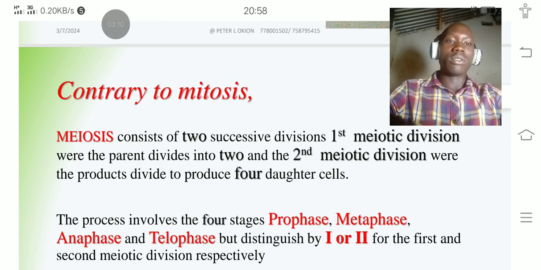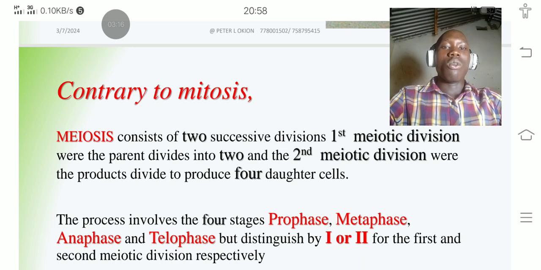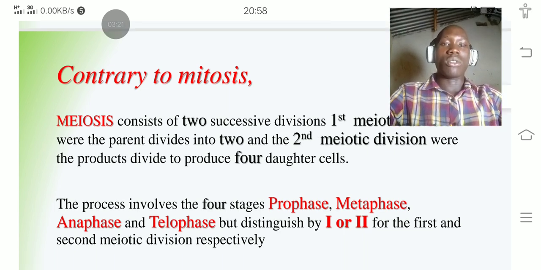Meiosis consists of 2 successive divisions: the first meiotic division, where the parent divides into 2, and the second meiotic division, where the products divide to produce 4 daughter cells.